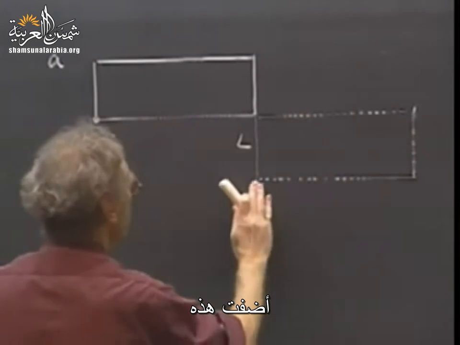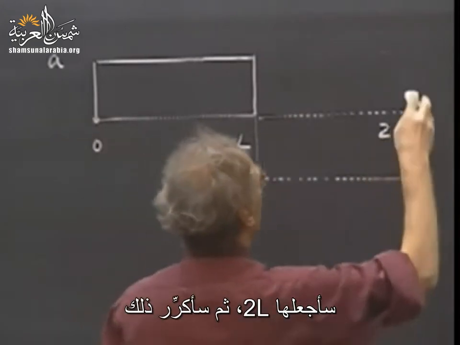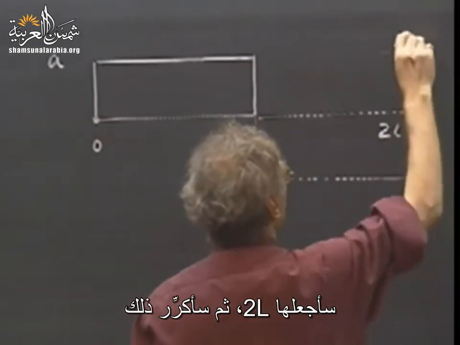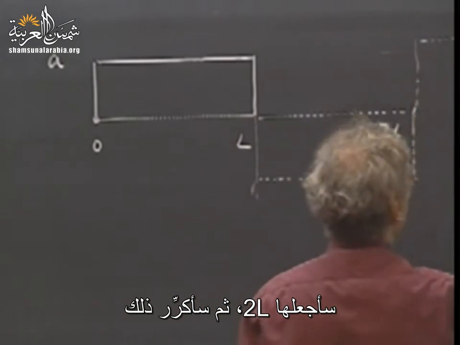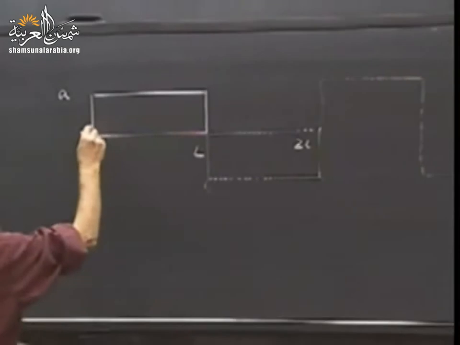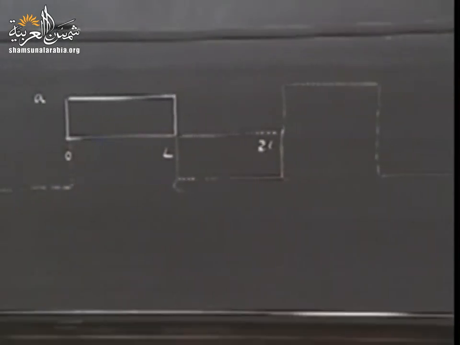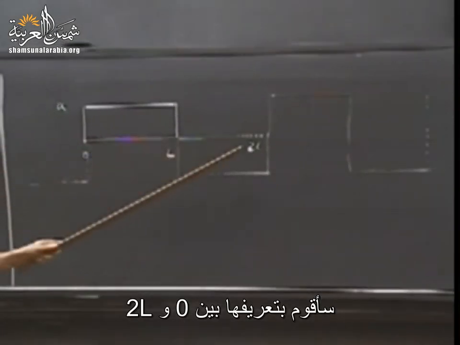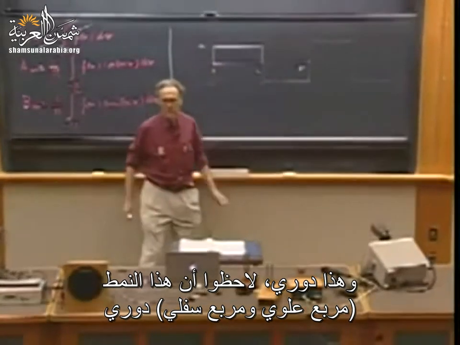So I'm adding this. I make it 2L, but I go much farther. I go on, and go on, and go on. So I'm going to define it between 0 and 2L, and that's periodic. Notice that this pattern now, up square, down square, is periodic.